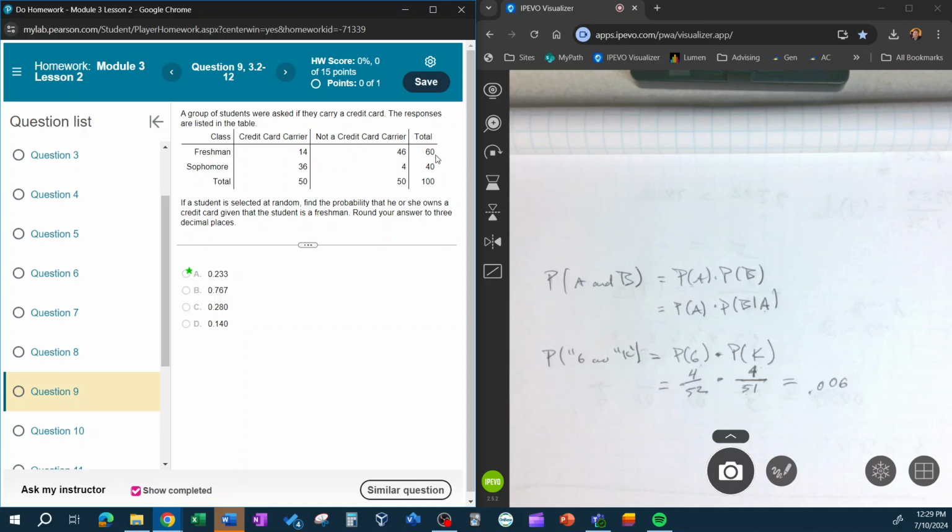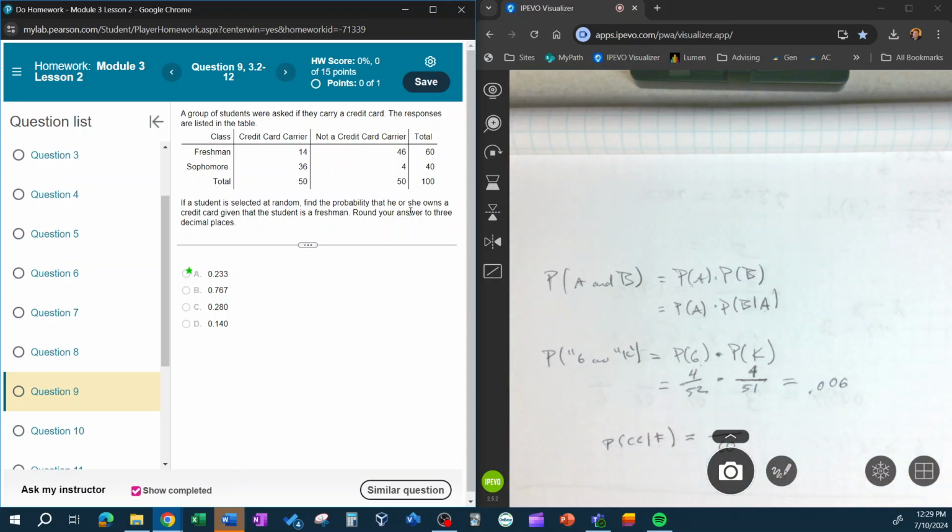So given that they're a freshman, find the probability that he or she owns a credit card. So the probability of having a credit card given that they're a freshman. Given that they're a freshman means the denominator is going to be 60.